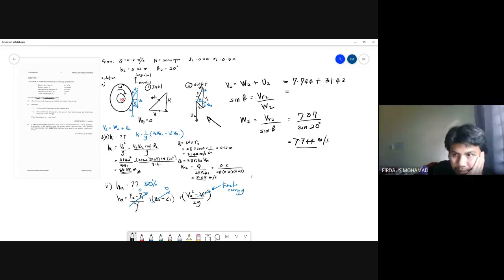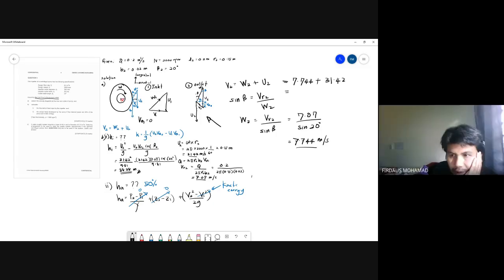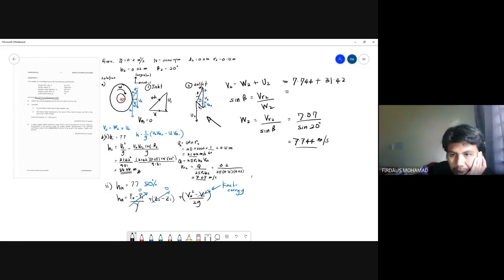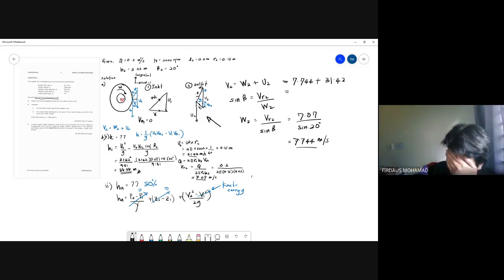Sir, jawapan nak dalam degree ke radian? Untuk W2? W2 ni velocity, bukan angle. Sebab kalau calculator guna radian, dia akan dapat 7.744. Angle degree lah.